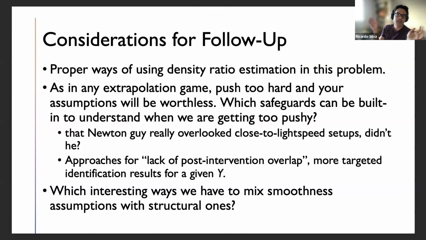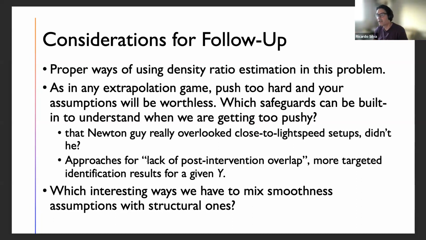That if you were to start a factorization, this factorization would still be stable if you were to diverge a lot from the training regimes you have. I mean, even Newtonian mechanics breaks down if you go close to the speed of light. So there's a limit where things will break down if you extrapolate too far from the training regimes, and we would want ways of diagnosing when you're pushing things too hard.